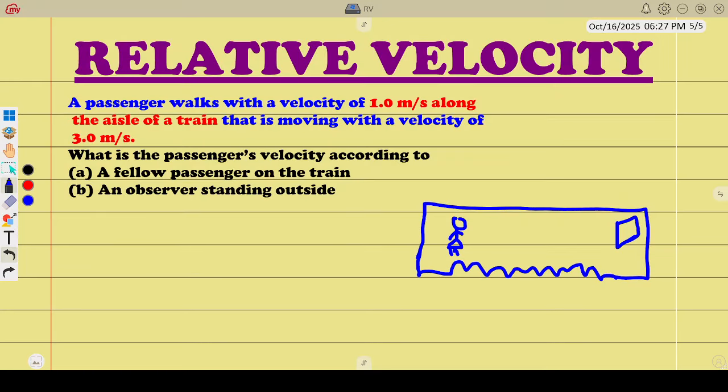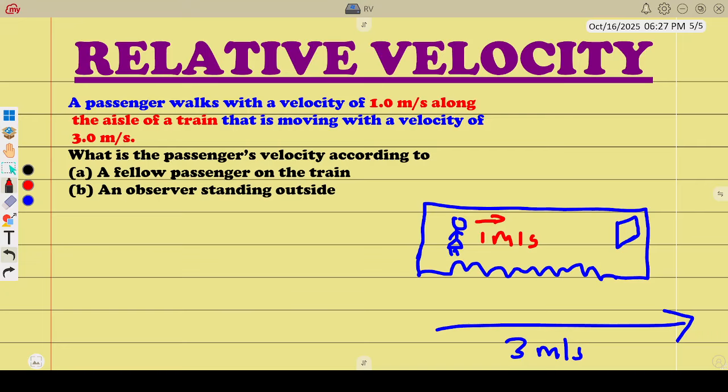The train is moving forward with a velocity of 3 meters per second. And Maureen is also moving in the train, but she's moving at 1 meter per second. So this is the situation which we have.